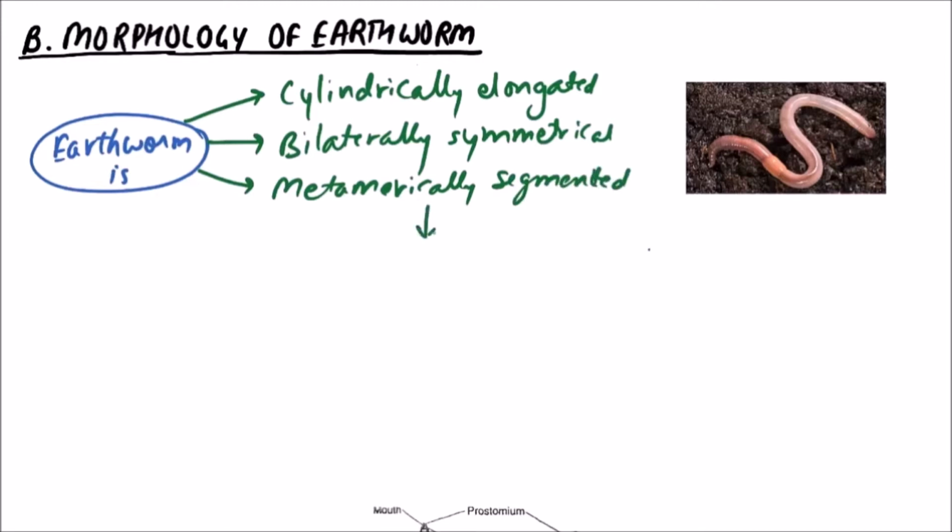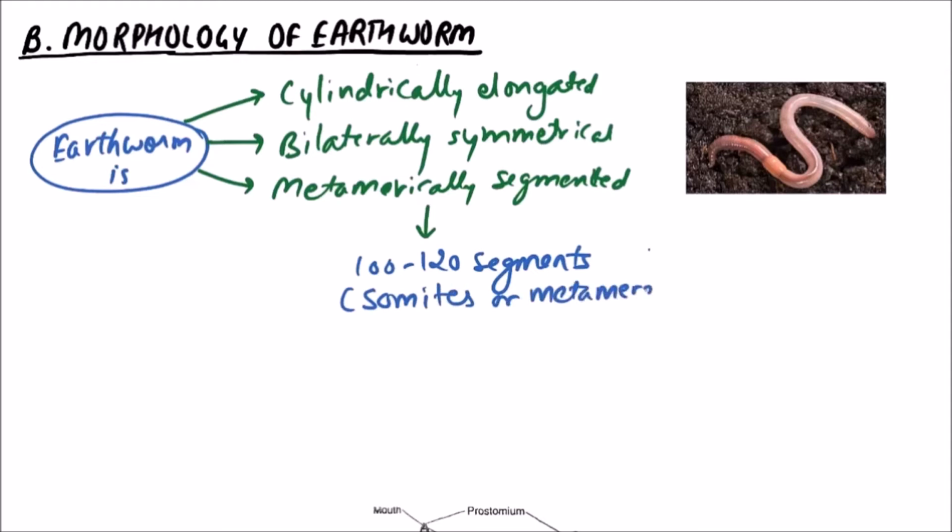This metamerism results in formation of about 100 to 120 segments. These segments are also known as somites or metameres.